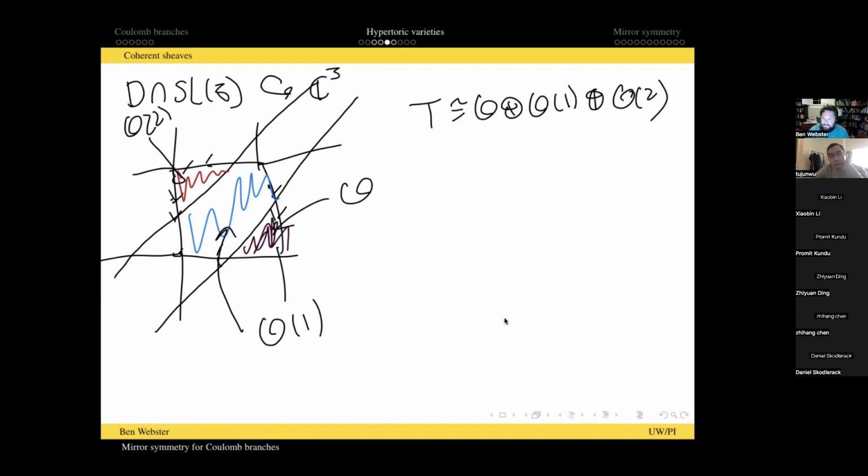Okay, but you cannot reconstruct the infinite dimensional one from the finite dimensional one, right? It depends what you believe. You can, because you have the C star action.